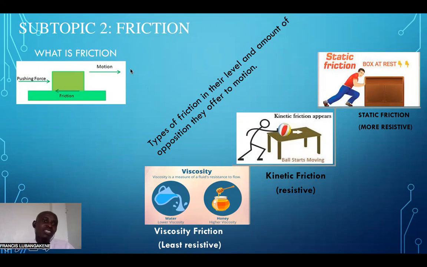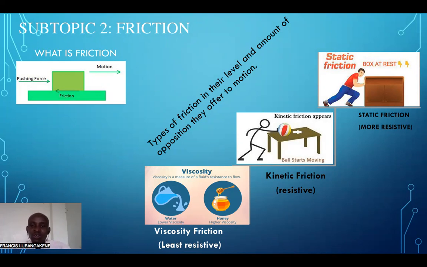This friction exists in all states of matter: liquid, solid, and gases. Friction in liquids and gases is generally viscosity friction, and this viscosity friction has low resistivity. They offer a low amount of resistance to motion in liquids and gases.